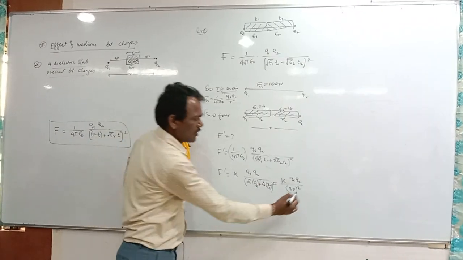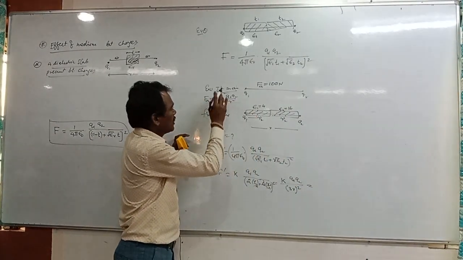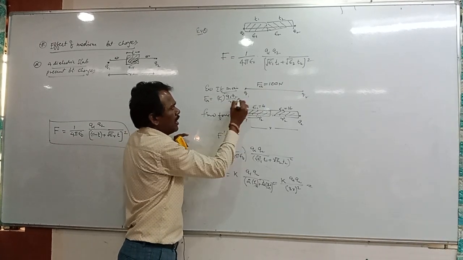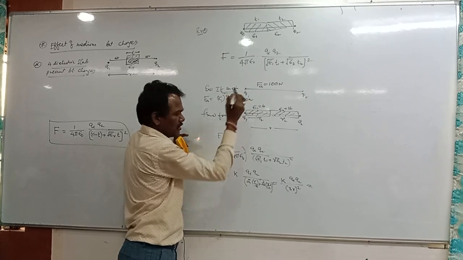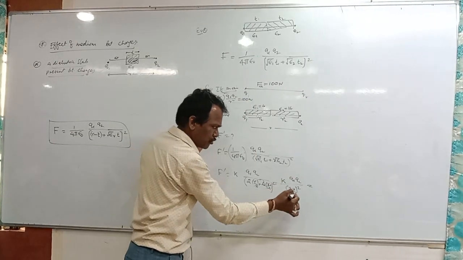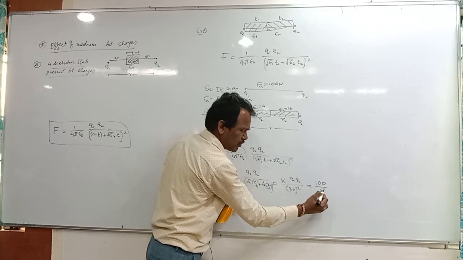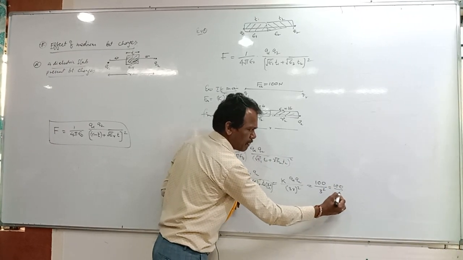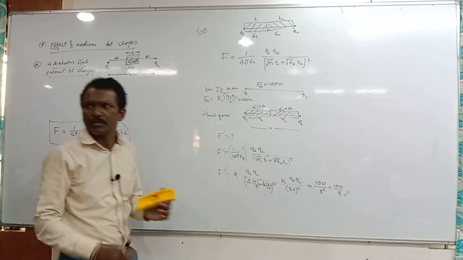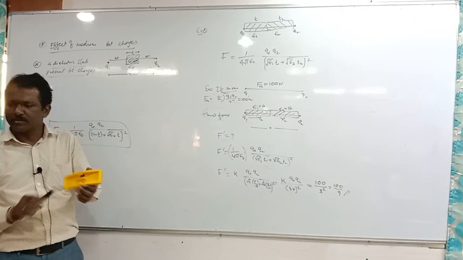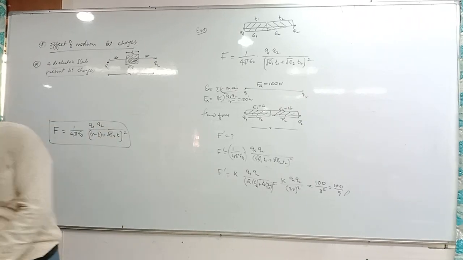That k into Q1 Q2 by r square is equal to 100 newtons, so F dash equals 100 newtons by 3 square. Right, we can close it now. We will see the examples tomorrow.